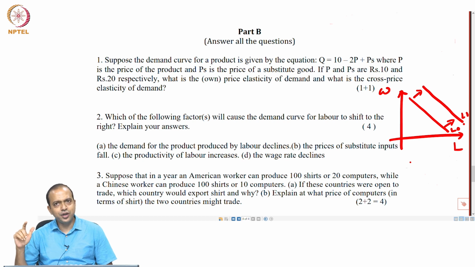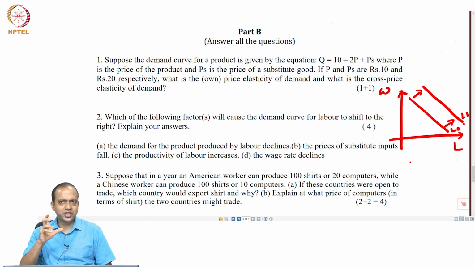So, when capital becomes cheaper, what does the rational producer do? The rational producer will substitute more capital for labor. The production will become more capital intensive because that is now the cheaper input.